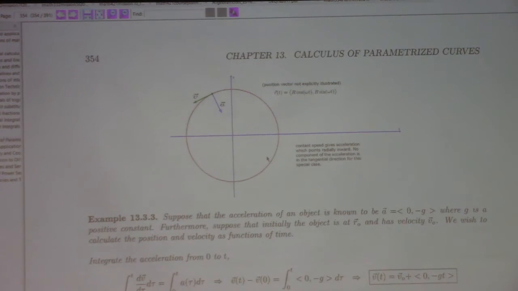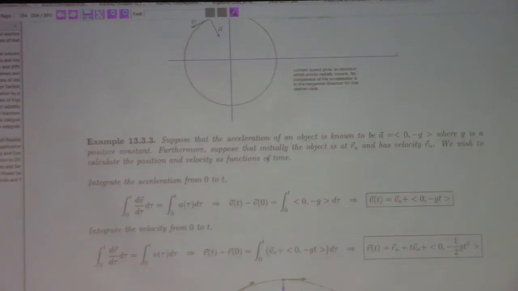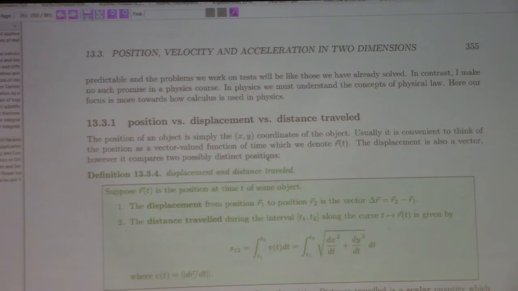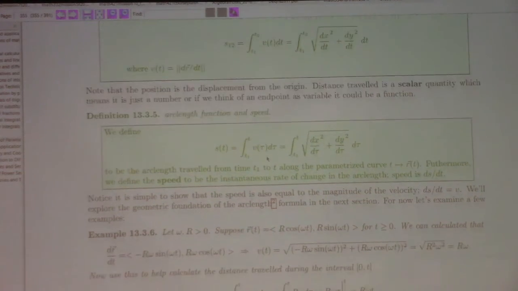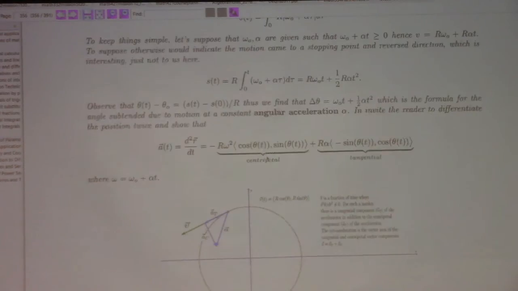I'm not sure what you guys do, but circular motion: the acceleration is center seeking, for constant speed. So there's the arc length formula we've been playing with. Of course, it's also distance traveled. If you think about the actual distance traveled, that's arc length, right? Displacement is different.